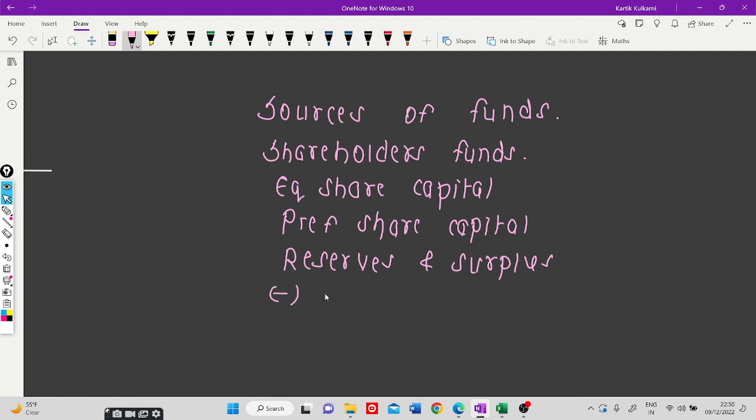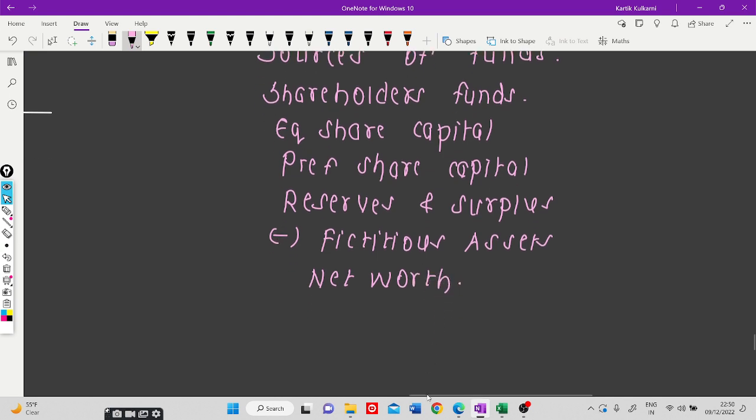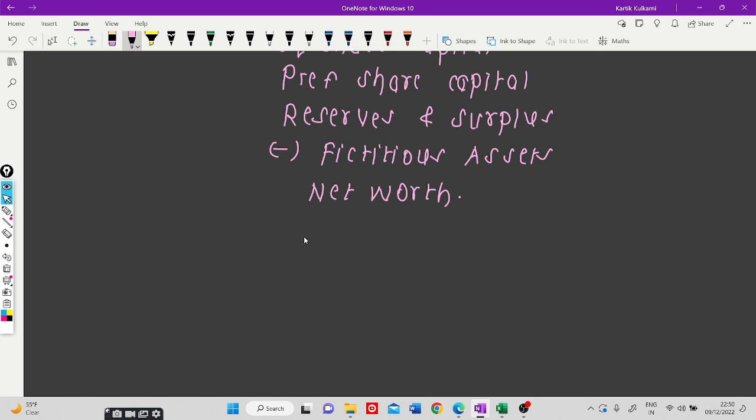We will less fictitious assets, and we will be getting net worth, which is the shareholders or owners fund. Then below that we will be writing borrowed fund.